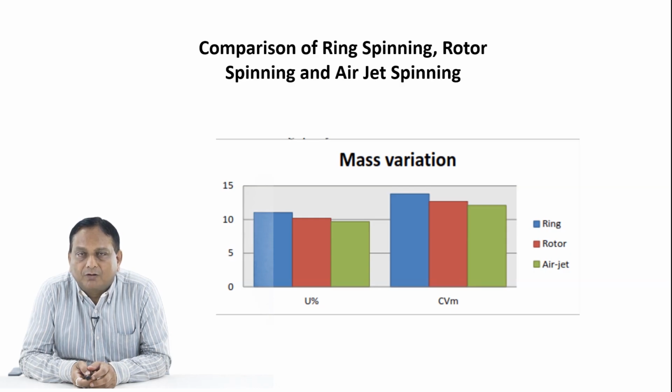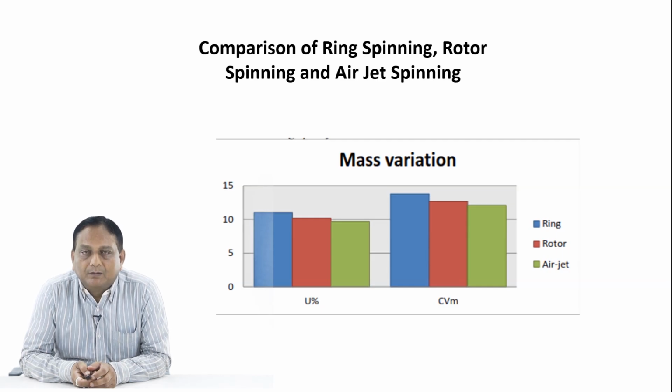The U percentage of ring spun yarn is higher than the rotor or the air jet spun yarn. Similarly, if you compare the coefficient of variation, you can see the ring spun yarn has more variation than the rotor and the air jet.